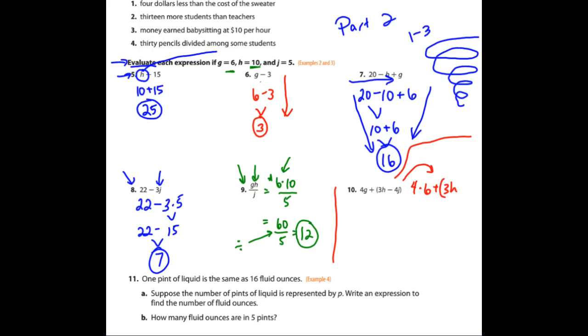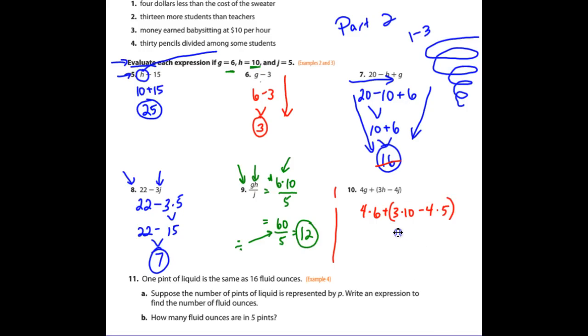You know what? I'm not liking doing it over there, so I'm going to use my magic smart stuff and move it over here. You just get it down wherever you can fit it. Clean this up a little bit. 4 times 6 plus parenthesis 3 times h is 10 minus 4 times j is 5.